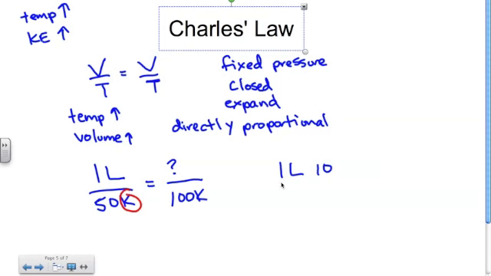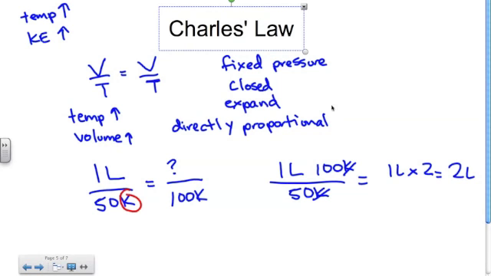So 1 liter over 50K, and this ends up being 1 liter times, because our K's cancel out, 100 divided by 50, which is 2, we end up with 2 liters.